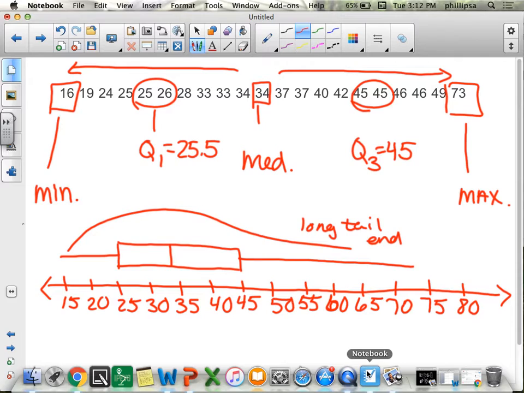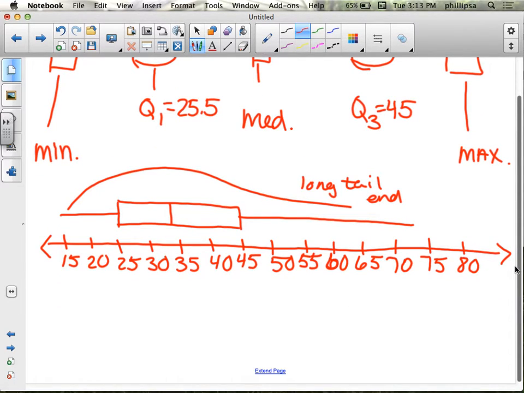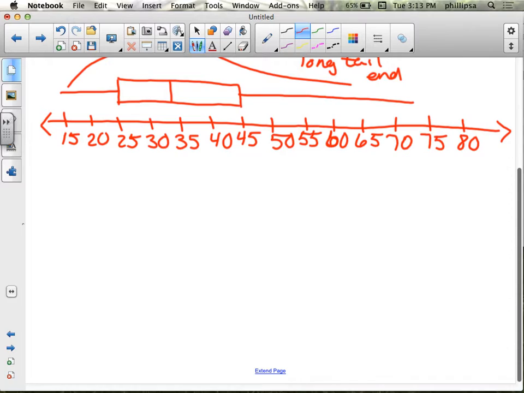So let's talk about the idea of that 73. I marked it as our maximum, but if it were an outlier, it would actually be marked with an asterisk, not as our largest value. So we should have a good understanding of whether this 73 is an outlier. Let's apply our 1.5 times IQR rule. Q3 minus Q1 gives me my IQR.